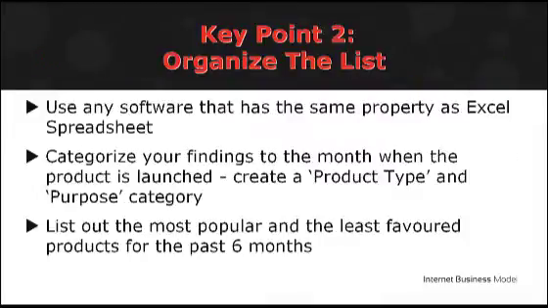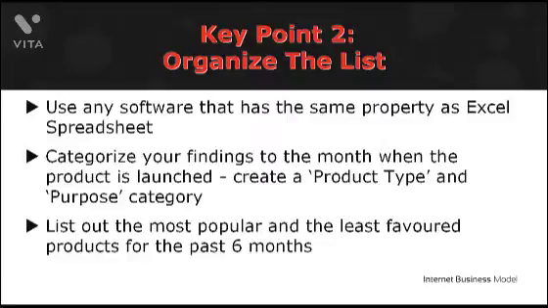Next, organize the list using an Excel spreadsheet. Categorize your findings to its respective month where the products were launched. Then create another category in another column and categorize it accordingly as software program, a web-based app, graphics, or a hybrid product. A hybrid product is a combination of 2 different product types.